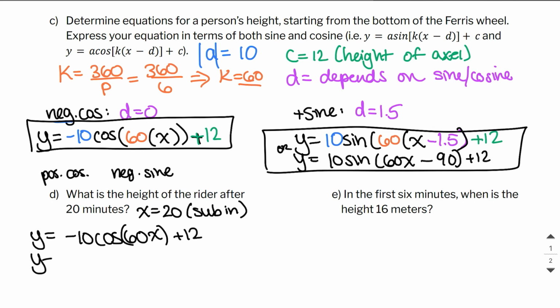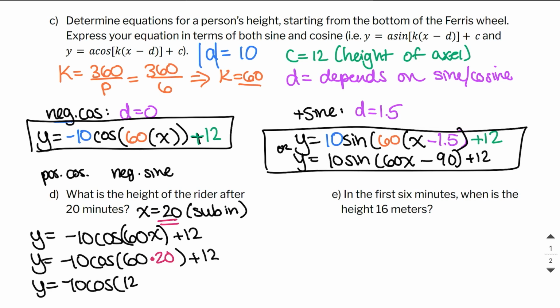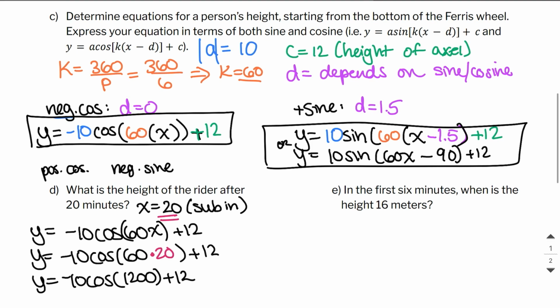Every time I see an x, I'm going to sub in 20. So this is 60 times 20, and then plus 12. And 60 times 20 is 1200. And then I can figure out what this is as a value, cosine of 1200.